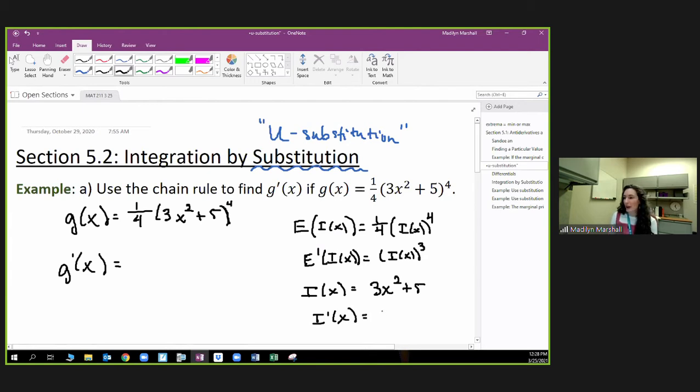And i prime of x is 6x. It's probably been a few weeks since you've thought about the chain rule.